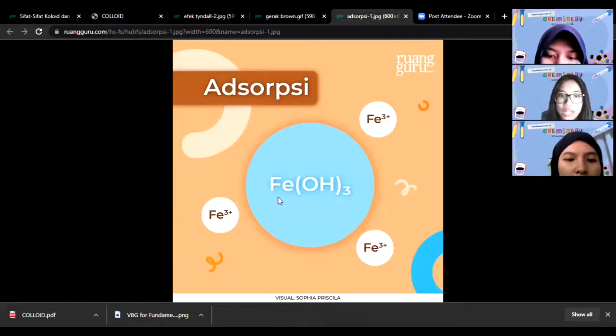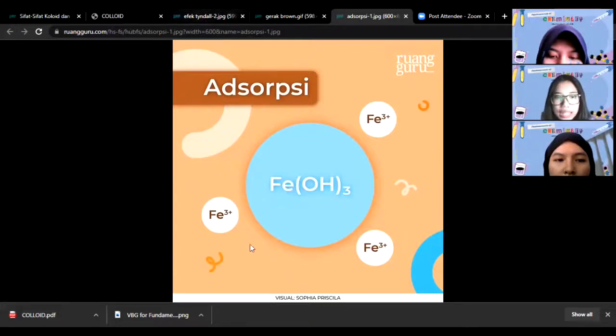For example, here we can see colloid iron(III) hydroxide, or Fe(OH)3, will be positively charged because it absorbs positive ions. The sol was made by mixing FeCl3 into overheated water, resulting in the formation of colloidal hydrate from iron(III) oxide, Fe2O3 times H2O. So it will result in Fe(OH)3 with a positive charge.